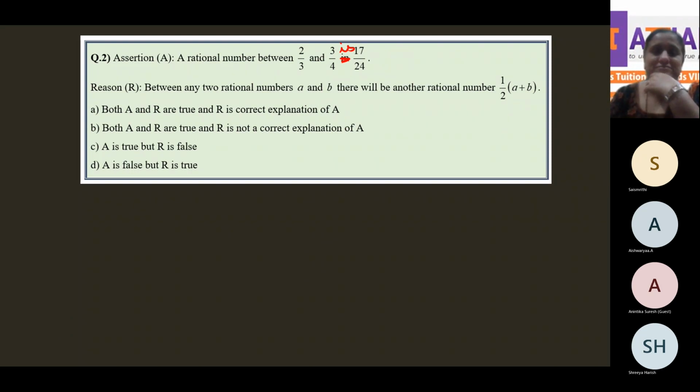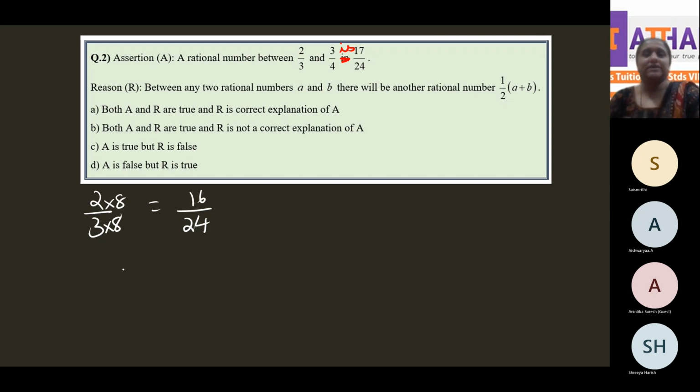Ma'am, here the LCM is not used, we have to make the denominators equal. Very good. You must bring 2 by 3 to the same denominator, 24, and 3 by 4 also to the denominator 24.